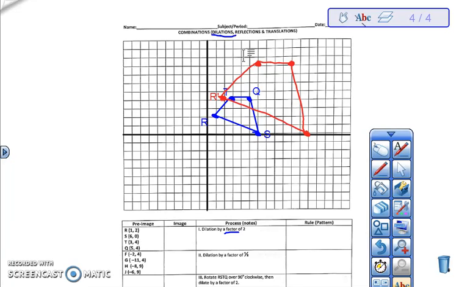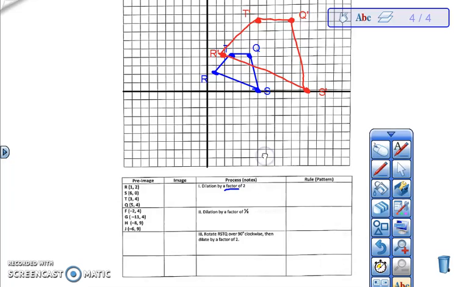The image of T is going to be up here. The image of Q is going to be right here. And the image of S is going to be down here. So what was our rule? Well, all we did was take the points and double them. So our new coordinates are all 2x, 2y.